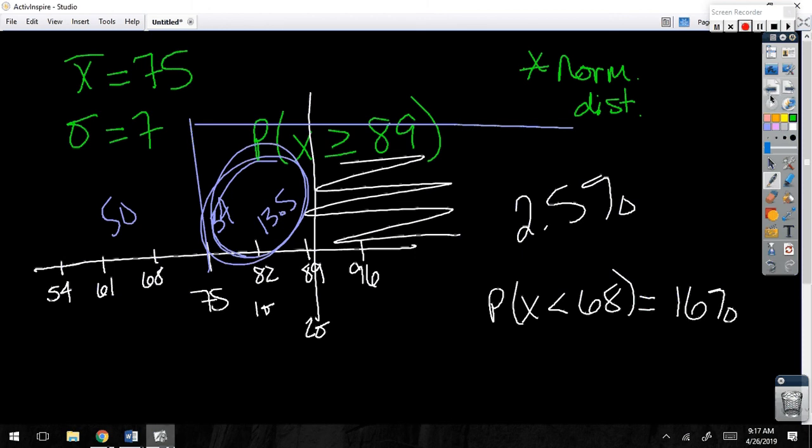Not necessarily. The question is, what about the other side? It always shades left. It depends on what you're wanting to do. So for your Z-score table, if you're asked to find less than, I'm going to make a note of this in your notes so you have it.